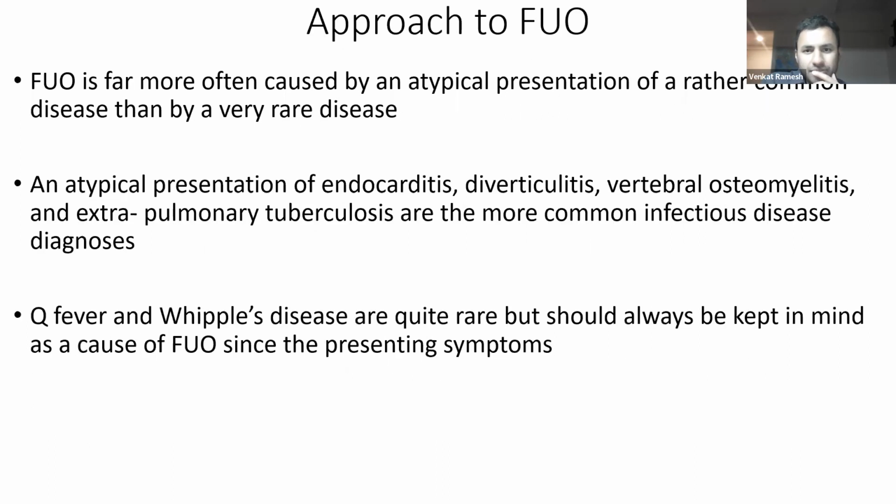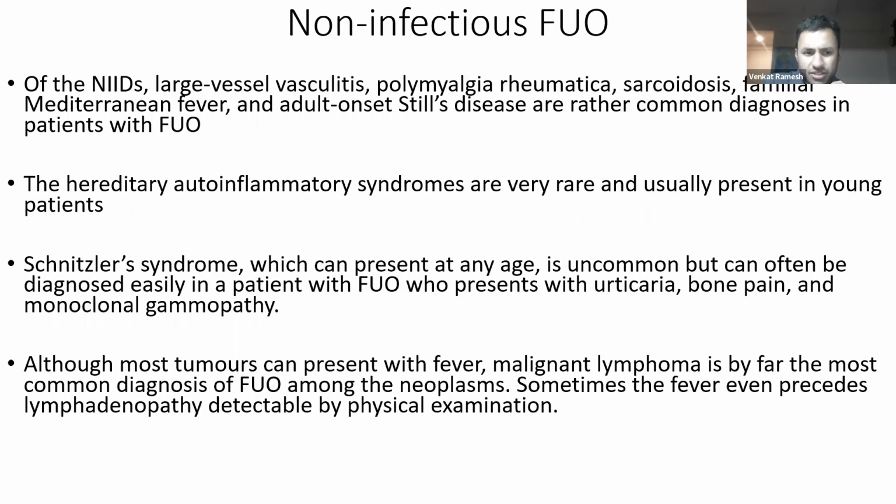In India, FUO is far more often caused by an atypical presentation of a rather common disease than a very rare disease. We've seen a lot of patients with tuberculous pericarditis, for example, present as pyrexia of unknown origin, and these are diagnoses that we don't see very commonly in the West. So vertebral tuberculous osteomyelitis and so on.